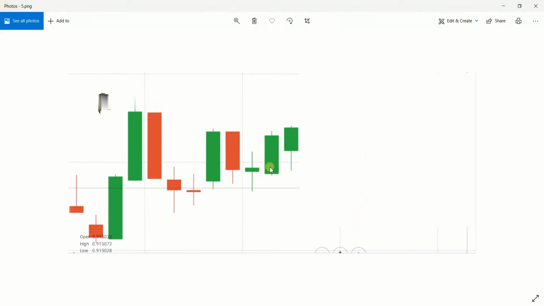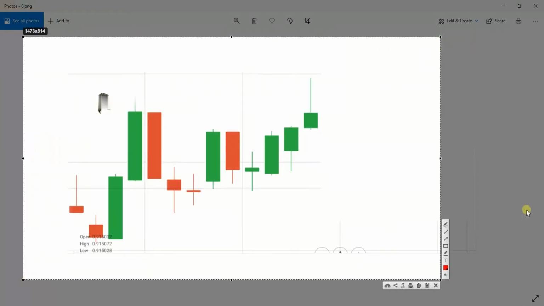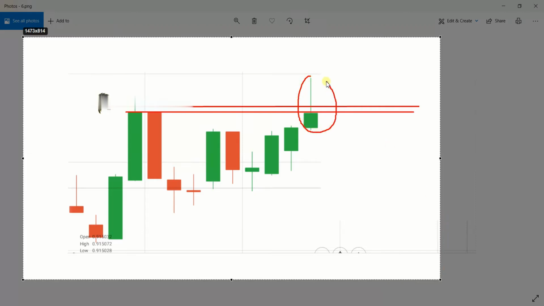Here you can see we waited 3 minutes. Okay, so next candle. Now you can see that with waiting you will get clear opportunities. And here you can see it is a very good opportunity. The market closed exactly at the level.